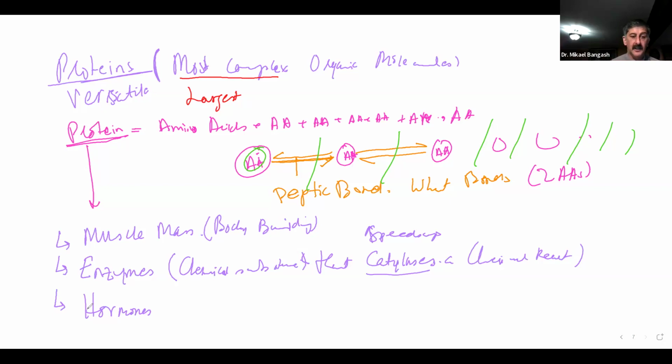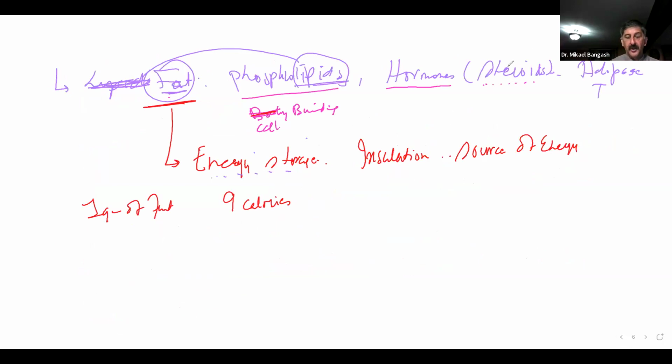But ladies and gentlemen, a vast majority of your hormones produced by your body are proteins. Only a smaller fraction of hormones produced by your body are steroids.